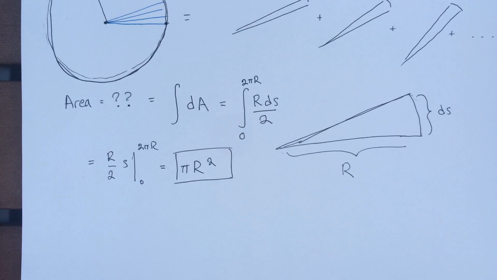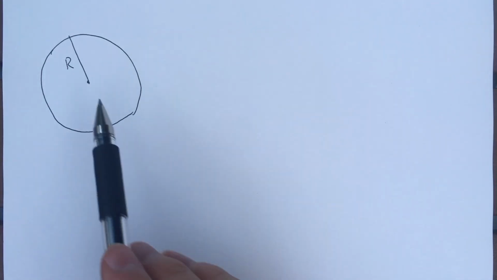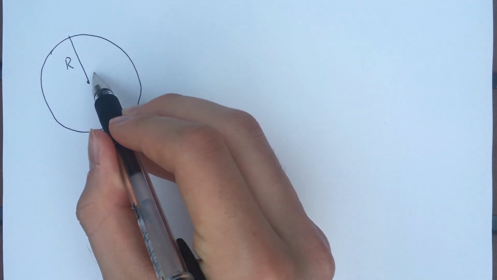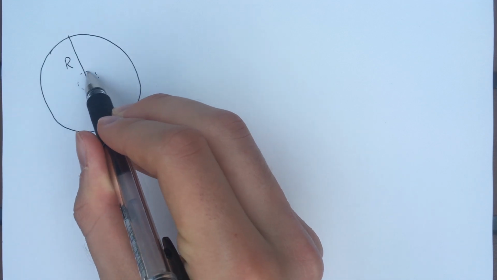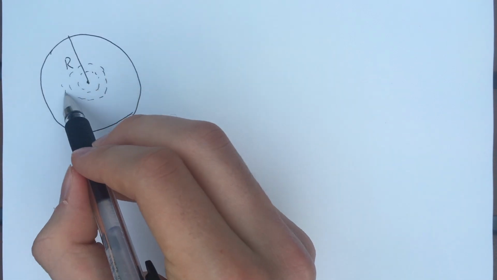And now let's move on to the second method. Let's now use the fact that this circle can be described using just one variable, its radius. So we want to find small areas that can be described by this radius. So that can be done just by drawing smaller circles inside this big circle.